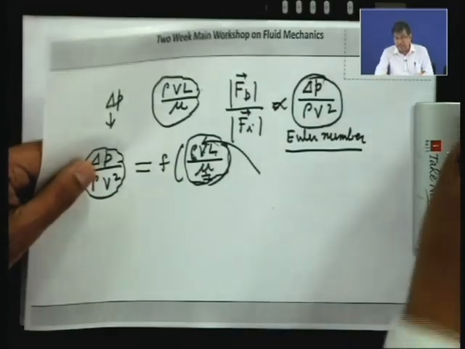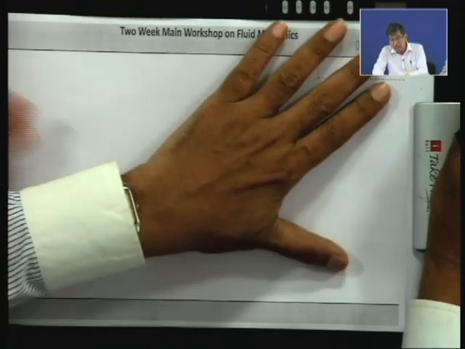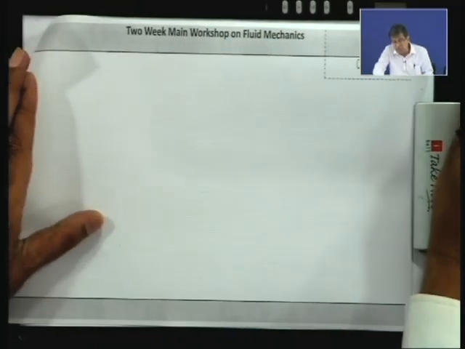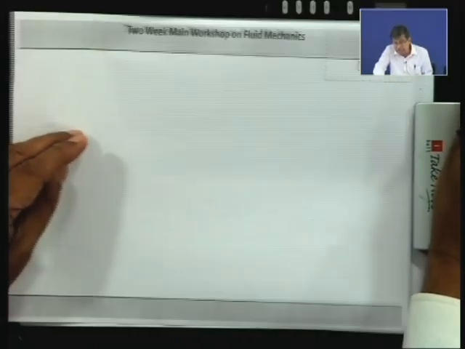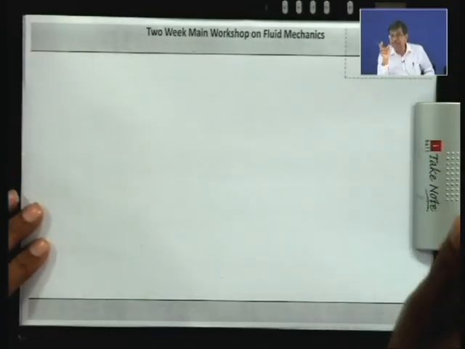Now the question comes, how do you know these parameters? Always try to find out what forces are acting on it, what forces are governing the flow, and write the representative magnitude and ratio.